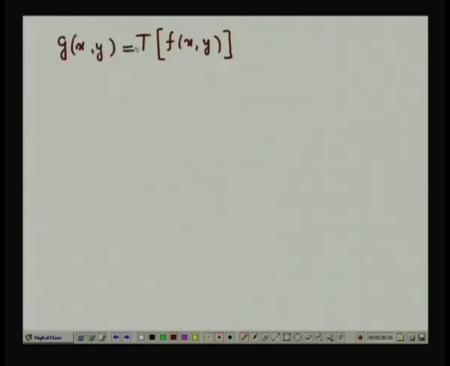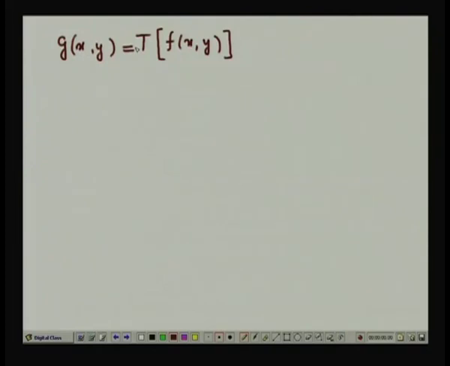And what will be the nature of this output image g(x,y)? That depends upon what this transformation operator T is. In the point processing technique, we have said that this transformation operation T operates on a single pixel in the image, that is, it operates on a single pixel intensity value.